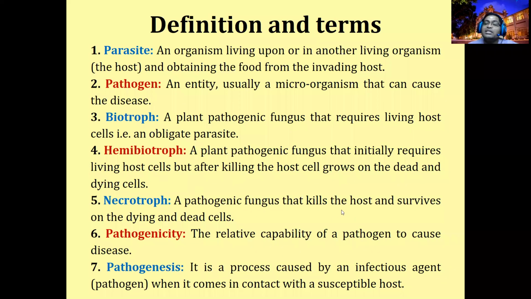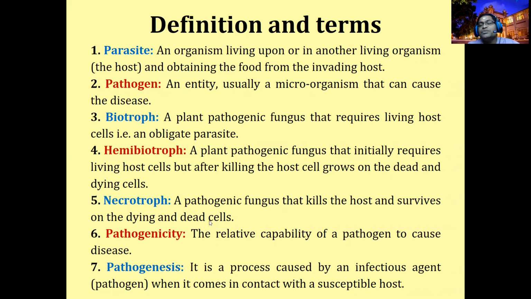For the hemibiotroph, initially it needs a living host to initiate the infection, and then it kills at a later stage. But necrotroph means first kill, then draw the nutrition. That is what we call a necrotroph.